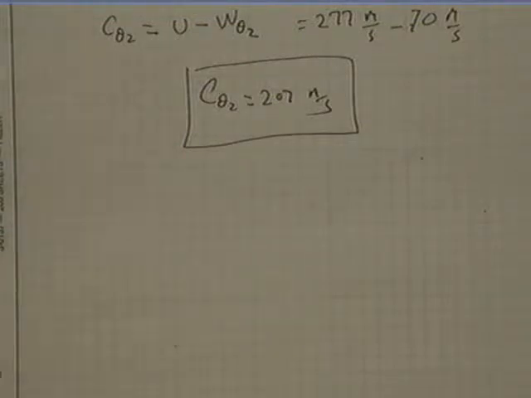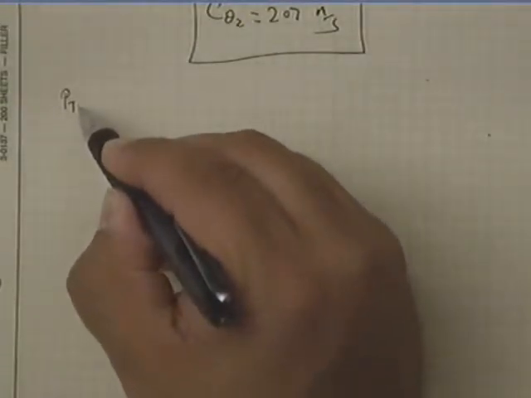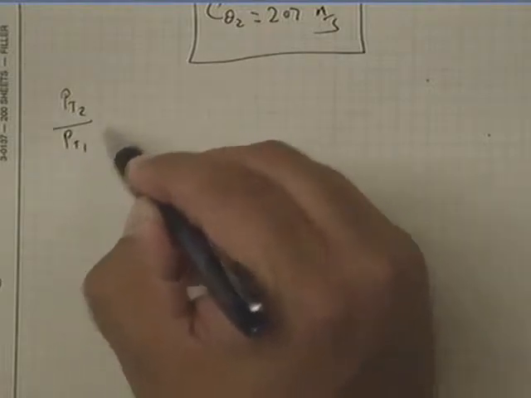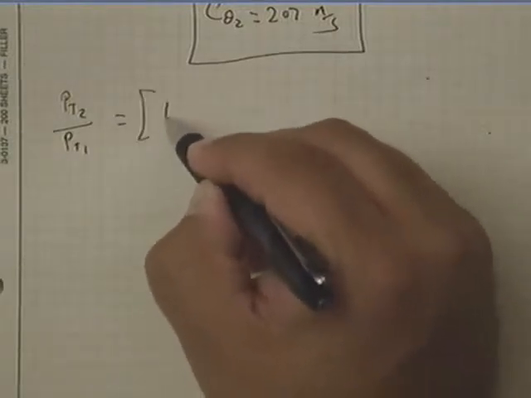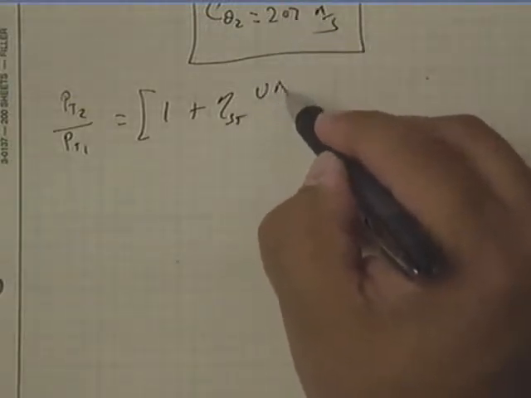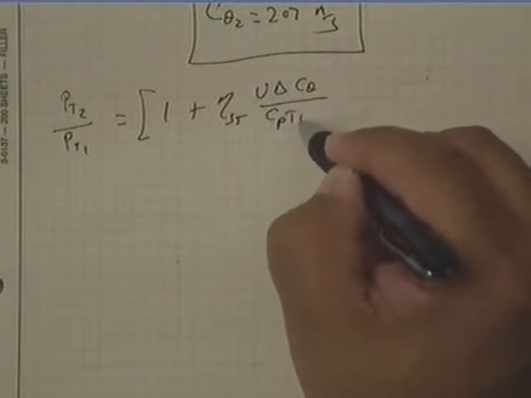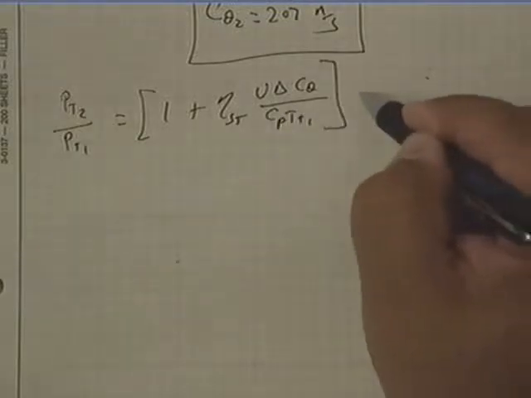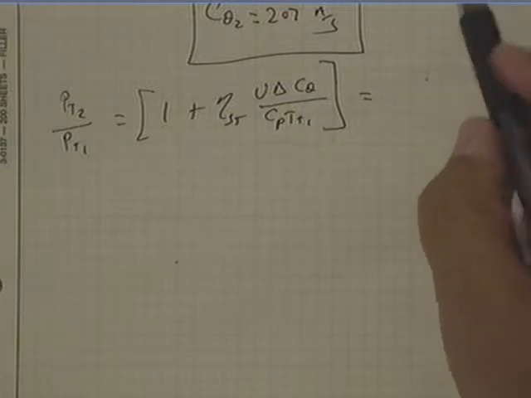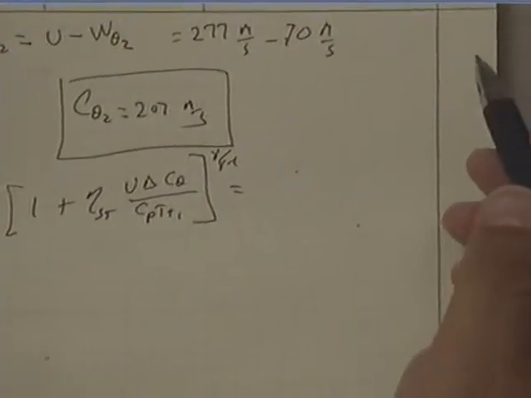So now that we have that delta C theta, it's a simple matter of calculating the total pressure ratio using the equation we defined before, U delta C theta over CP T1. And now we know everything that goes in this side. Of course, this was raised to gamma over gamma minus 1.